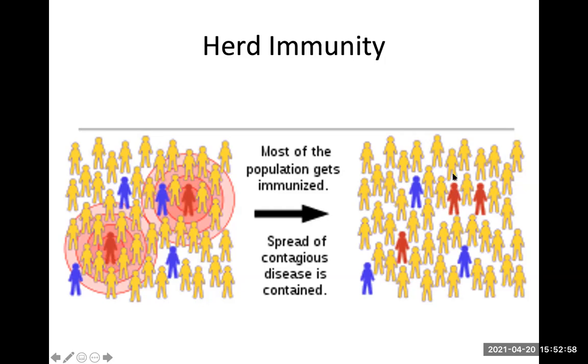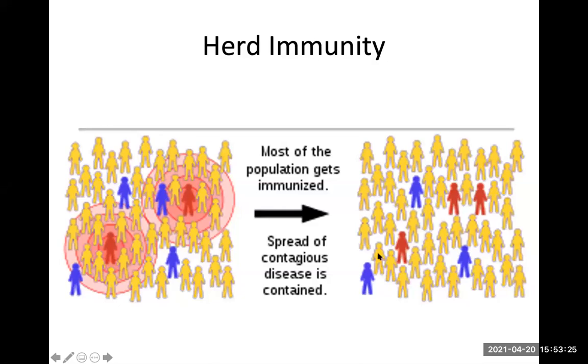This person is coming in contact with these people, and those people are all immunized, so they don't spread the disease to anyone because everyone's immunized. So this blue person and this blue person, they're safe because everyone around them is vaccinated. So this is the idea of herd immunity. You get the majority of people immunized, and the disease will not be able to spread in the community.